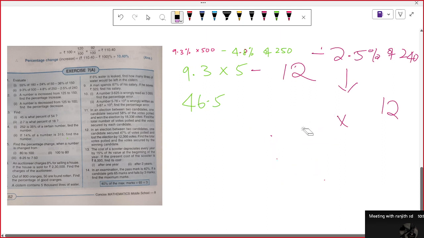0.5 into 12. What do you get? So 6. What's the final answer? 46.5 minus 12 minus 6. Calculate this.